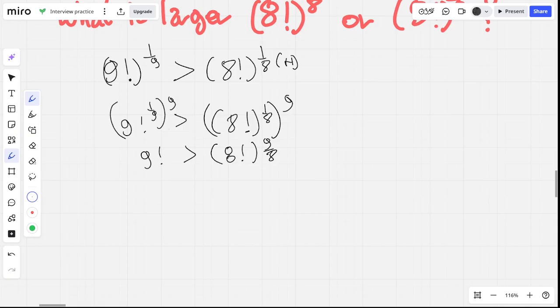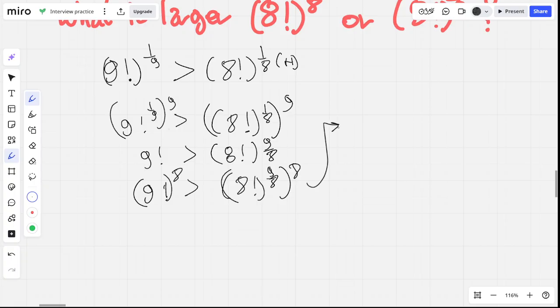Next thing I'm going to do is to raise everything to the power of 8. So now I have 9 factorial to the power of 8 is larger than 8 factorial to the power of 9. Now, I can write 9 factorial as 9 times 8 factorial.